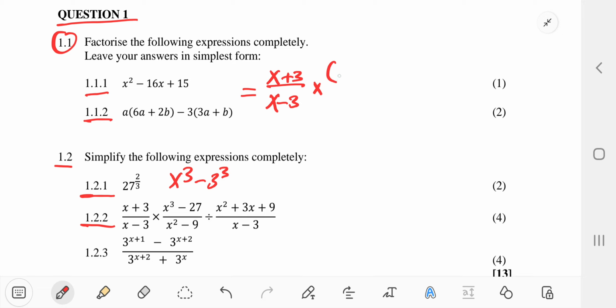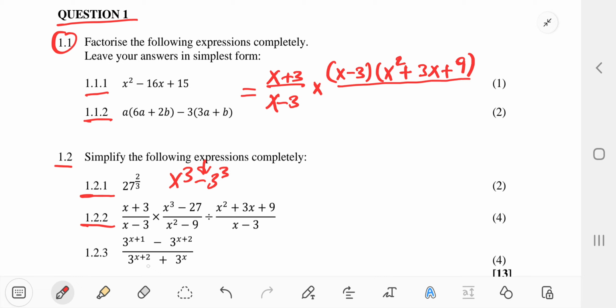So we say (x minus 3), that's how we factorize it, times again x squared, and since we have a minus in the middle, we say plus there. And then x times 3, we get 3x, and 3 squared, we get 9.